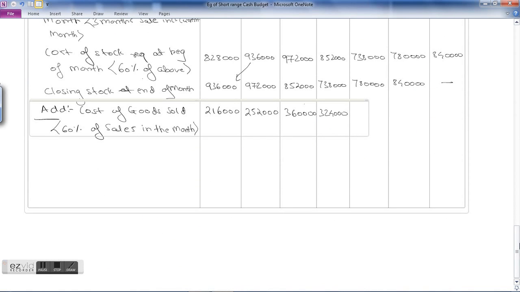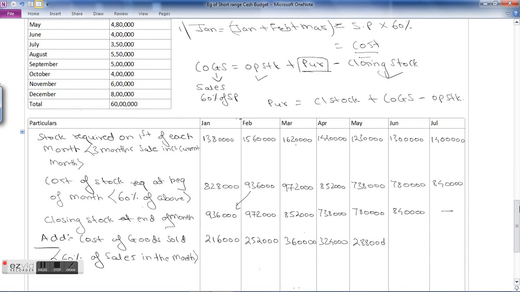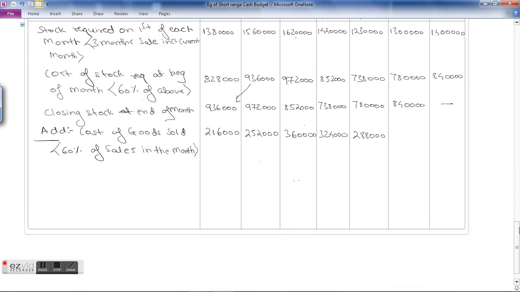So for the month of May it comes to 2,88,000, and for the month of June it is 4 lakh into 60%, that is 2,40,000. Okay, so this is what we have got. Okay, now what, to find out purchases we have to reduce opening stock.